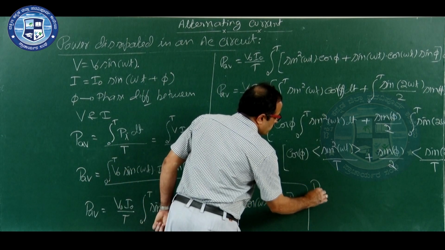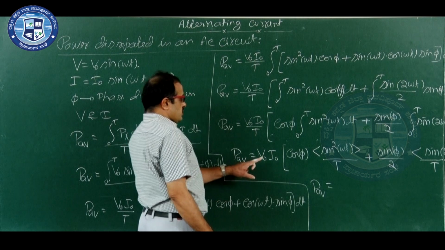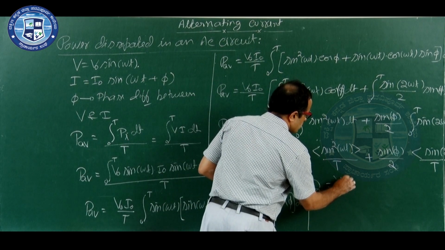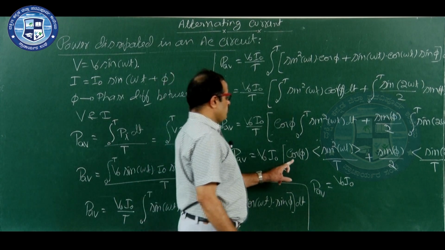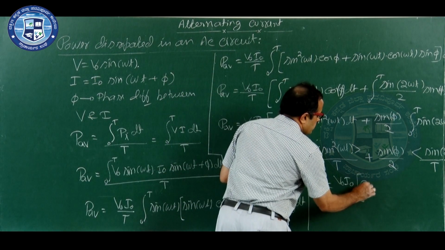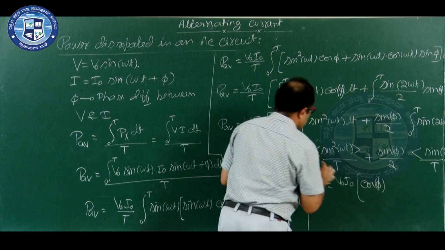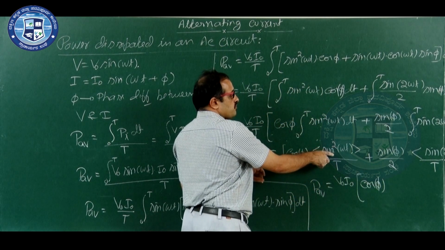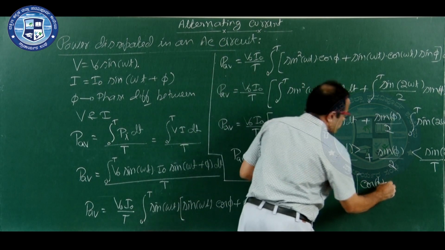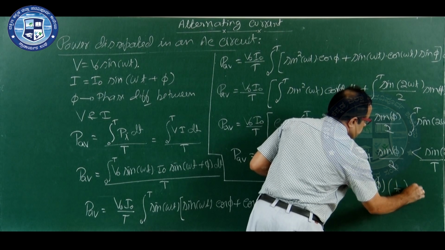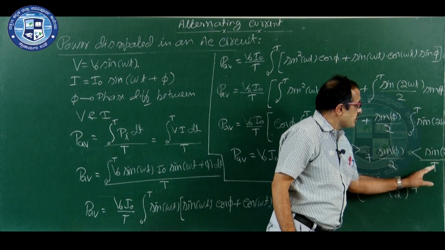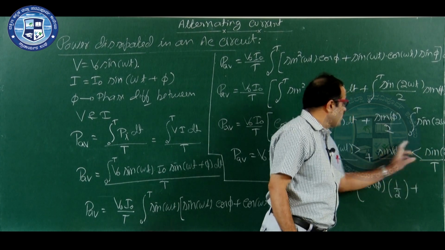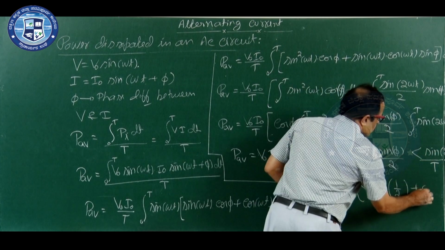Now, P average is equal to, this is V naught I naught and what is this, cos phi, and the average value of sin square function already we know it is half plus average value of sin function over the complete cycle, this is 0, therefore, second term is 0.